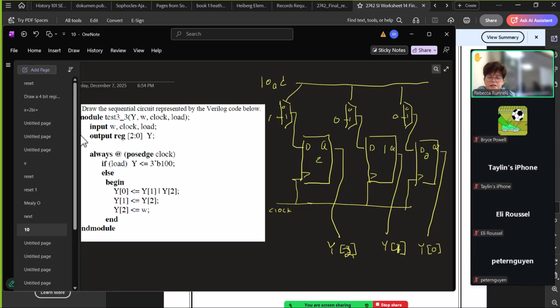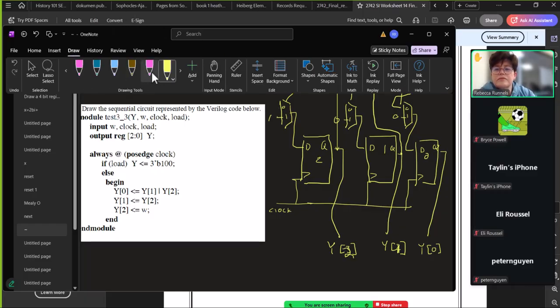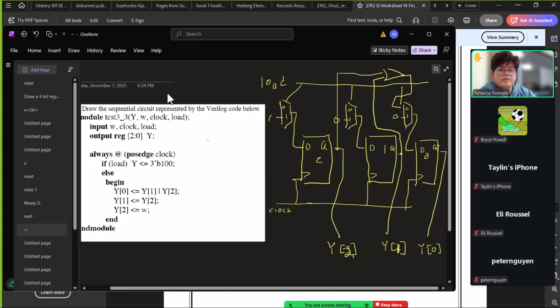Else y0 equals y1 or y2. So I will take y1 or y2, and I will put that into the 0 for y0.